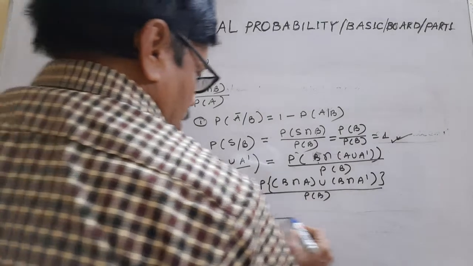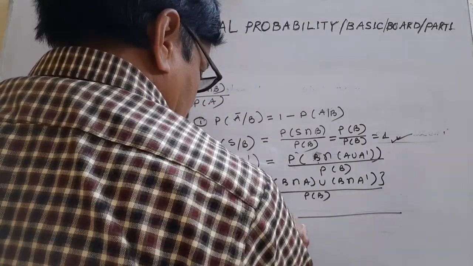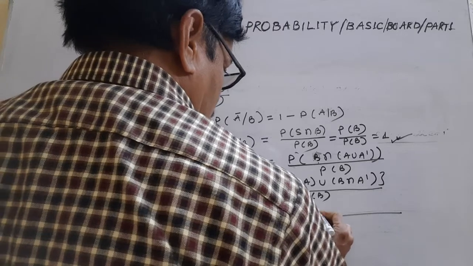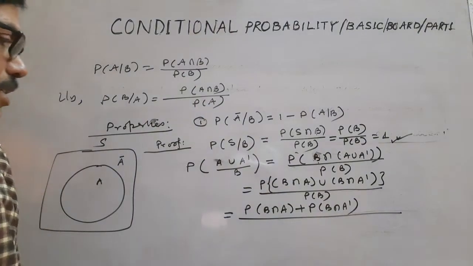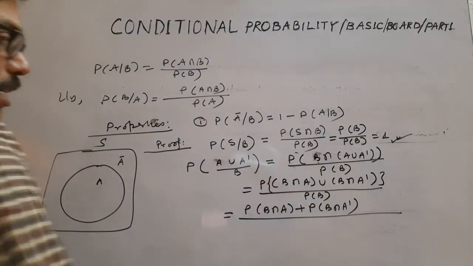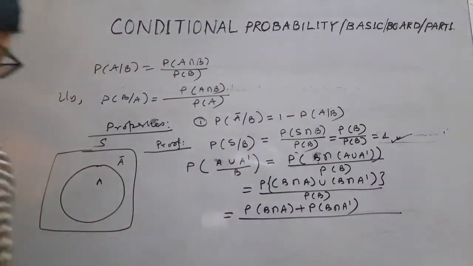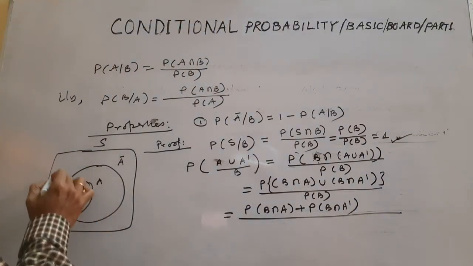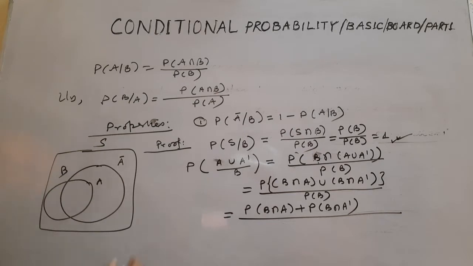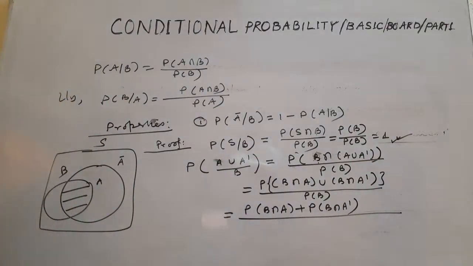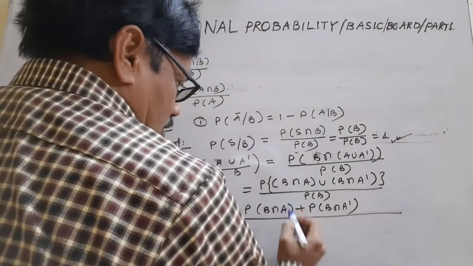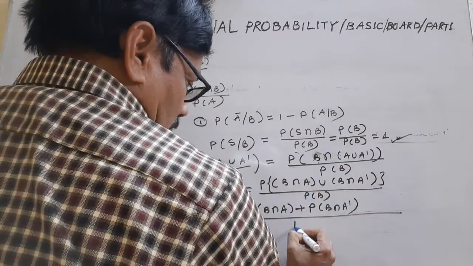Suppose this is B. So B intersection A is this and B intersection A dashed is this one. They are disjoint, so we can write P(A union B) equals P(A) plus P(B).